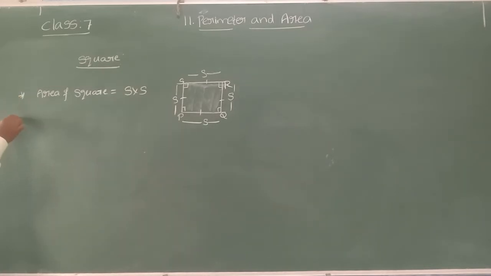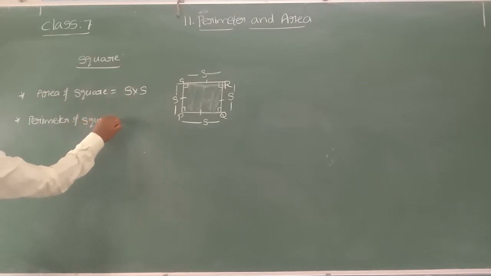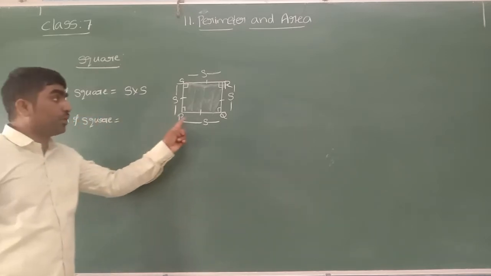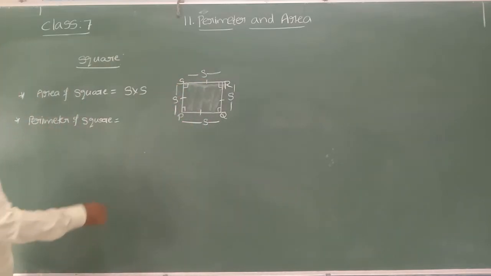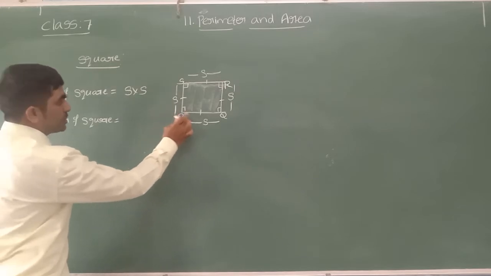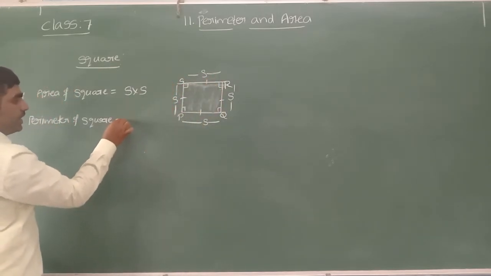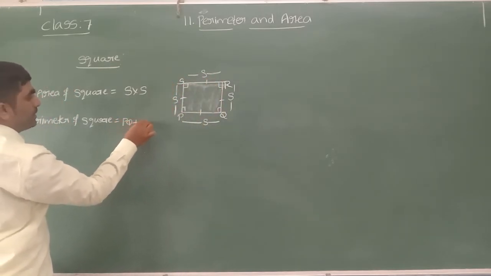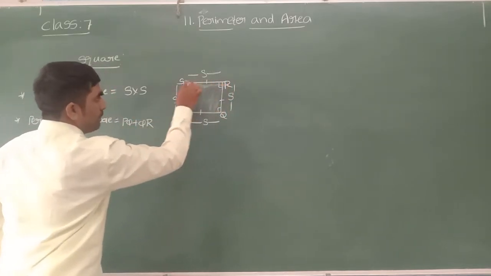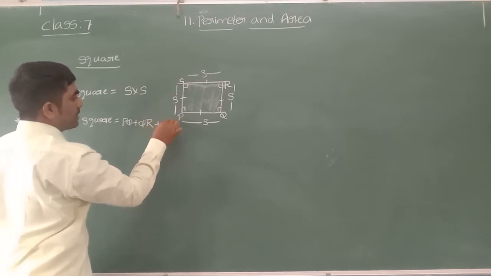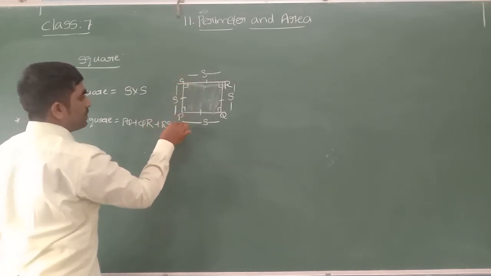Next, let us see the formula to find the perimeter of a square. Perimeter is nothing but the total length of the boundary of a polygon. So to know the perimeter of a square, let us add all the sides: PQ plus QR plus RS plus SP.